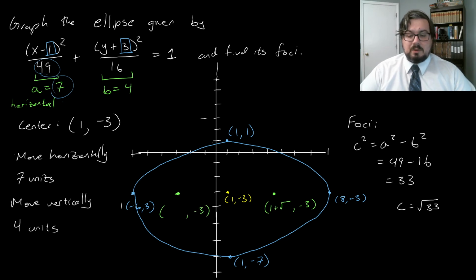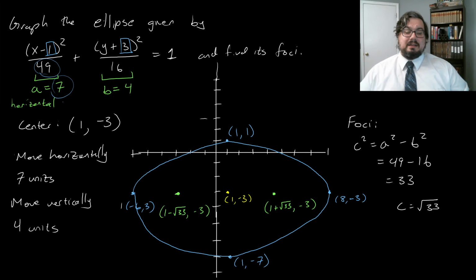And the x coordinates are going to be what we get by taking the center and adding and subtracting our value of c in order to get 1 plus the square root of 33 and 1 minus the square root of 33 as our two foci. So this is how we can graph an ellipse given its equation in the form that we're looking for.